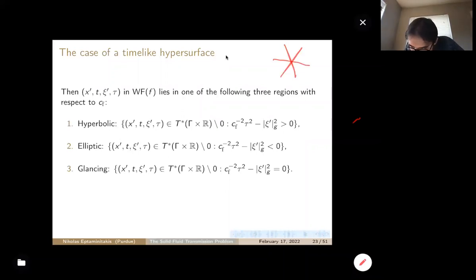So here, this is the hypersurface, with the tau variable here, and this is the xi prime variable on gamma cross R. Here, the hyperbolic region is over here, and the elliptic region is over here, and glancing is at this light cone on the timelike hypersurface.